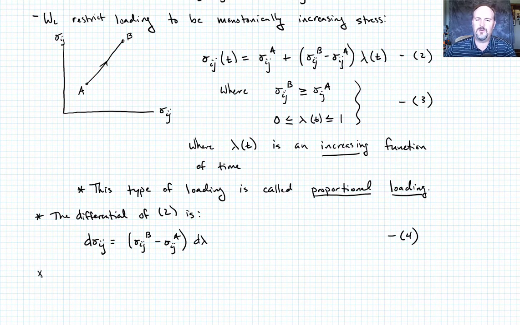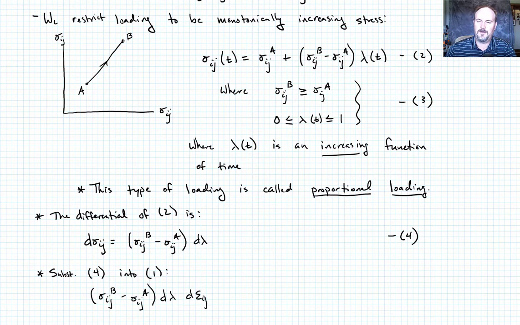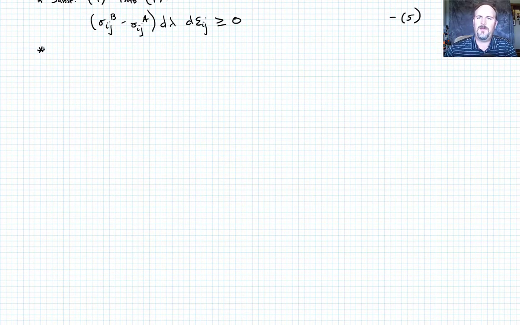And then we're going to substitute equation 4 into the original inequality of equation 1. When we do that, we end up with sigma ij b minus sigma ij a, d lambda, d epsilon ij greater than or equal to 0. Call that equation 5. Now we can make some assumptions. We said that lambda was an increasing function, so d lambda is greater than 0.